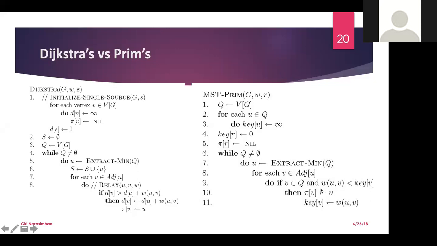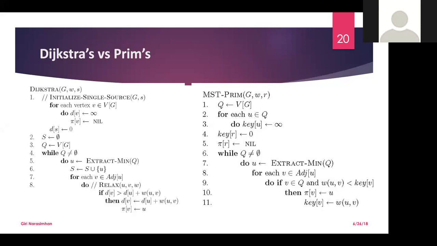So what is important to understand here is that in Dijkstra's algorithm, the priority values are the distance from the source to that vertex. In Prim's algorithm, the priority values are simply the length of the shortest edge that connects to the spanning tree. So it's simply the weight of the last edge that you have on the path. So that's why you don't do cumulative stuff.